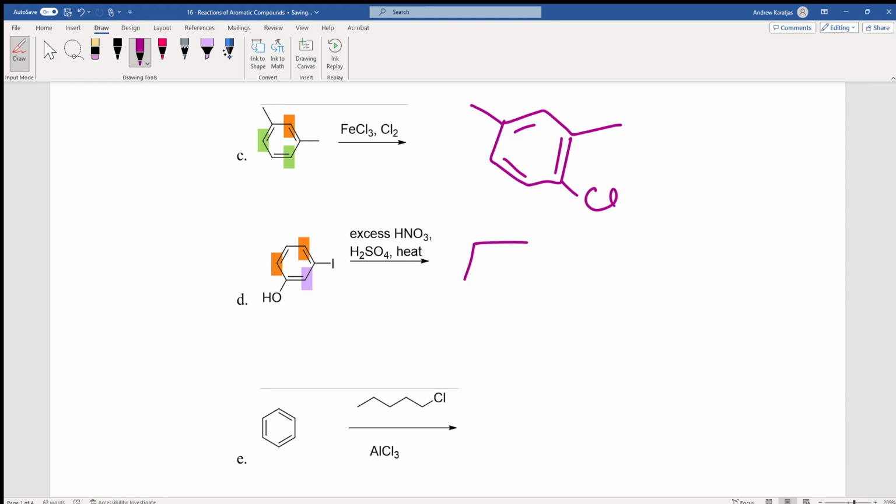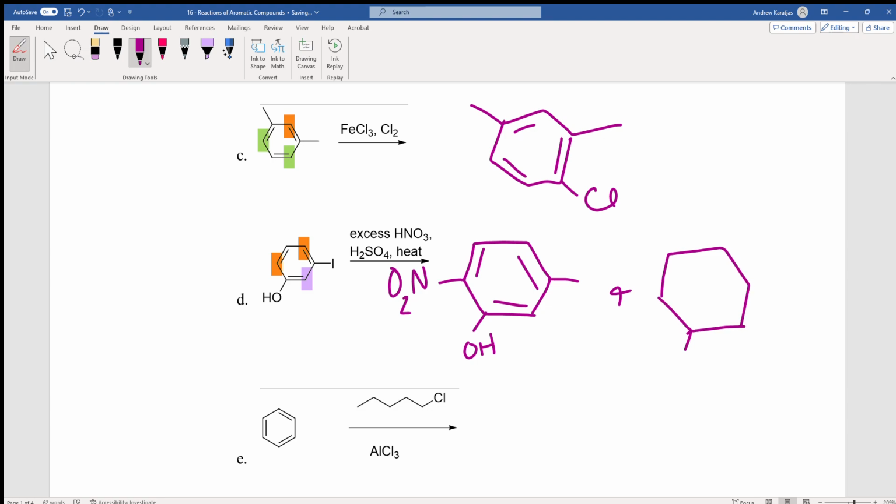Now, in this case, we're going to have to account for two different products because our substituents are different, but it is very likely that from this nitration reaction, and we can see it's a nitration based on the reagents nitric acid, sulfuric acid, and heat, that we're going to get a mixture of these two products.